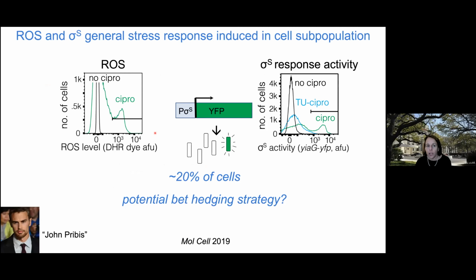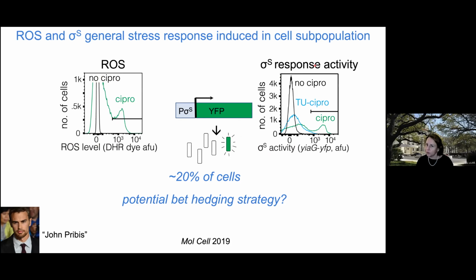So John looked with flow cytometry at how many cells in the culture have reactive oxygen and how many have a sigma S response. This is the reactive oxygen, it's with a dye. And for this, it's with a reporter gene that turns on with sigma S activity. And you can see that compared with no cipro in black, when he gives cipro, there's a lot more reactive oxygen, but there's a subpopulation with a whole bunch more.